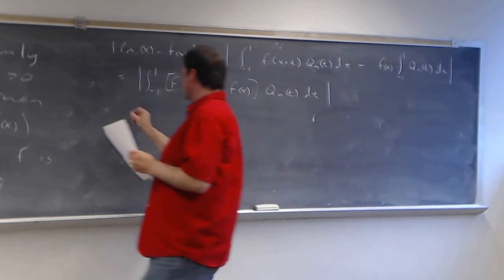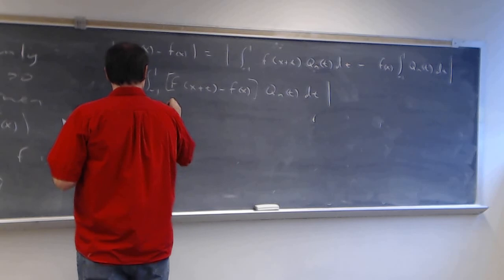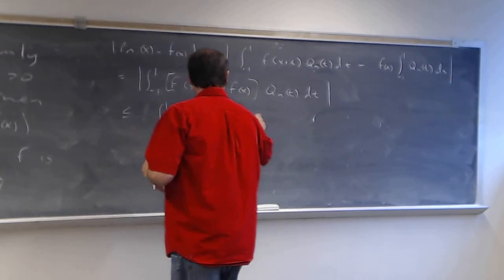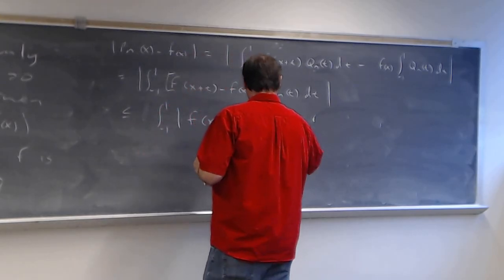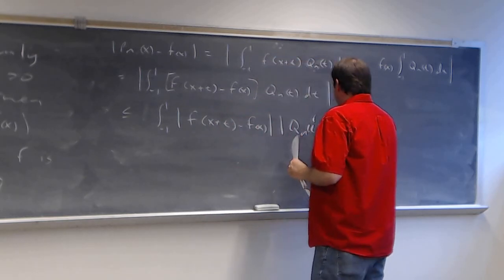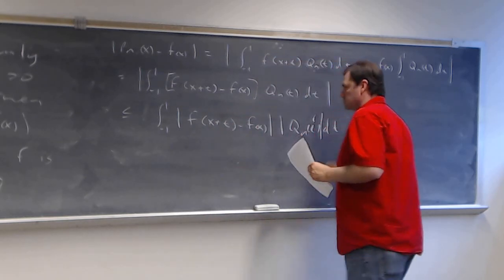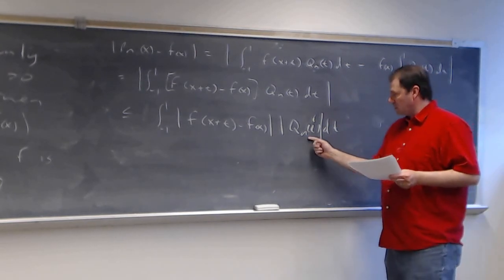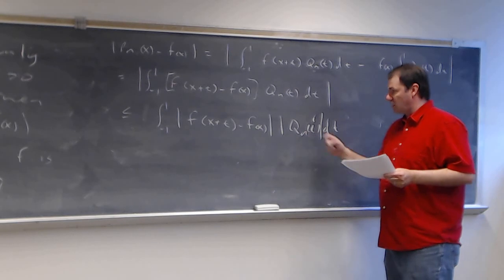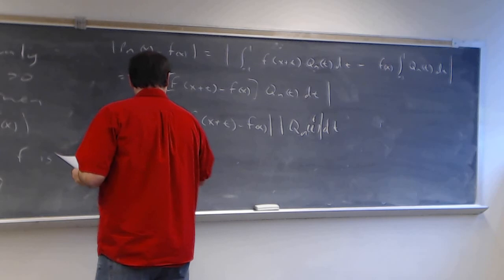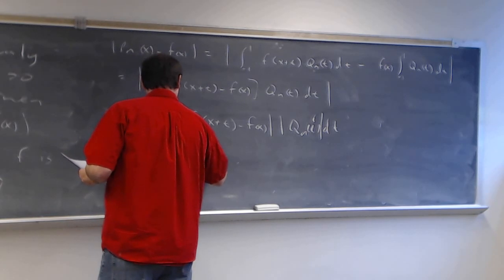And then bringing the absolute values inside, we have the integral from minus 1 to 1 of the norm of f of x plus t minus f of x, times q sub n of t dt. Since q sub n is a real valued function that's always greater than or equal to 0, its absolute value is itself. So the rest of it I'm going to write down as was.